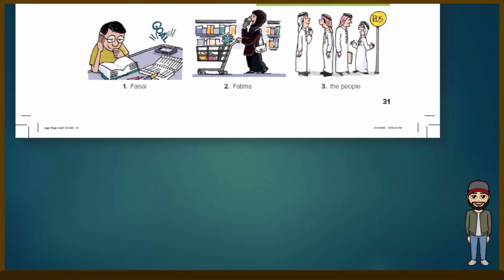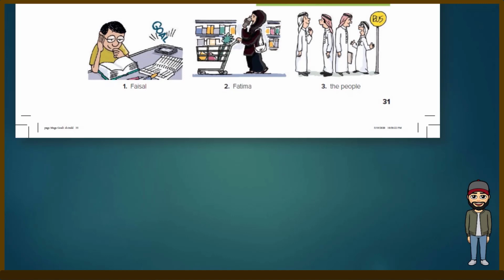Now, number one, you have a picture. A person named Faisal. What is he doing? I think he's reading or studying. And there's a game. Goal. You can see on the phone it says goal.